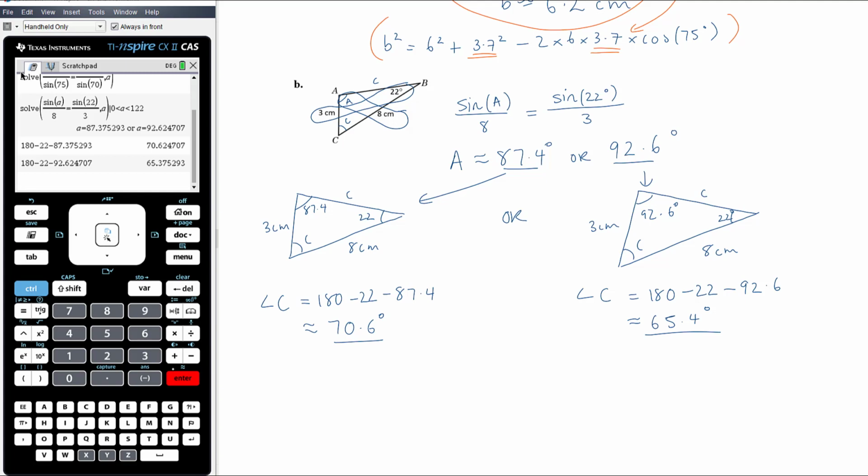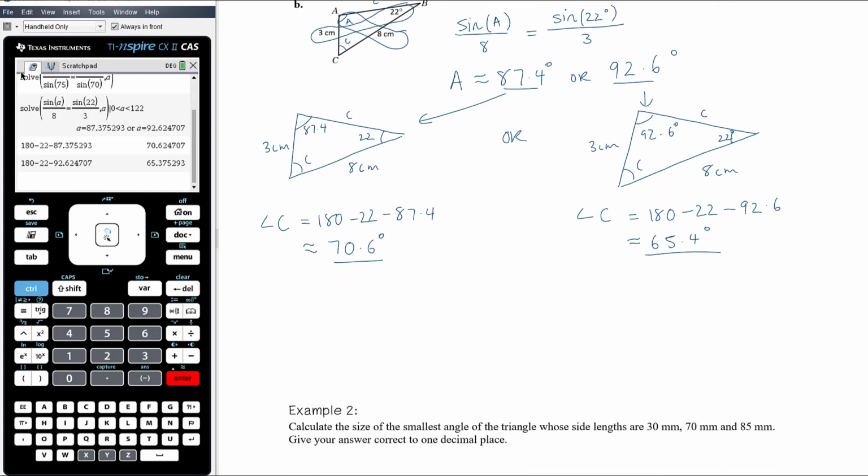So that's my two possible values for angle C. Then we can find side length C either using the sine rule now that we know angle C, or using the cosine rule. Either way. Again, we could probably do it not relying on angle C if we use the cosine rule. If using the cosine rule, we use this pair of information, then we should be able to find side length C without relying on our calculated answers.